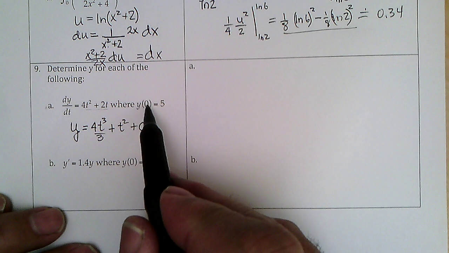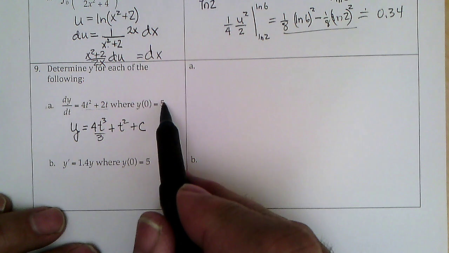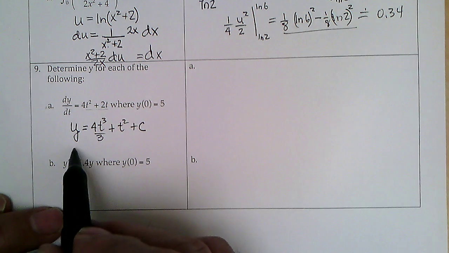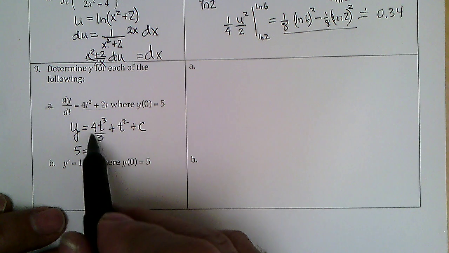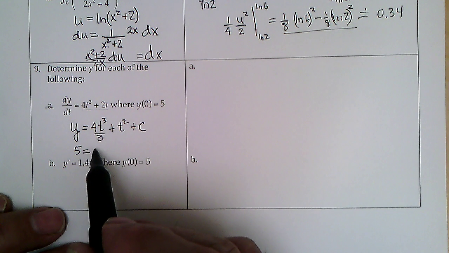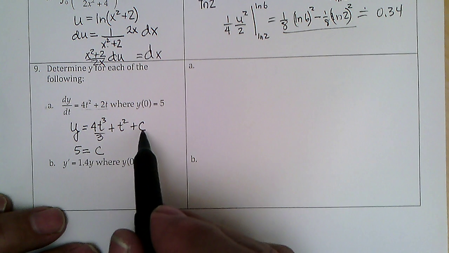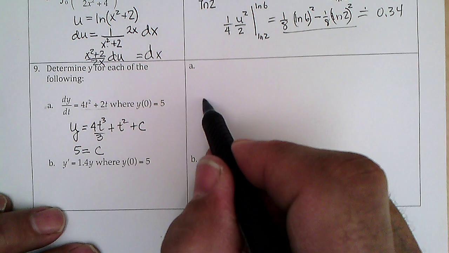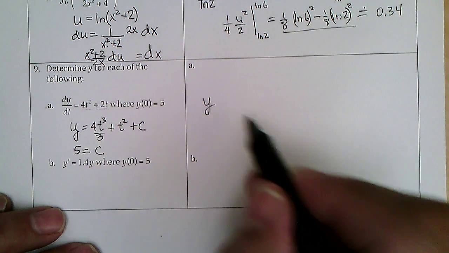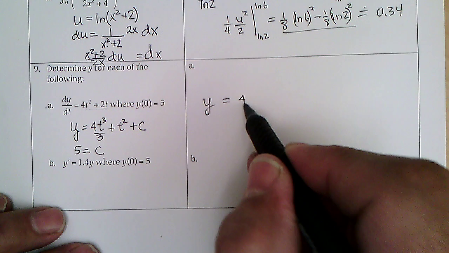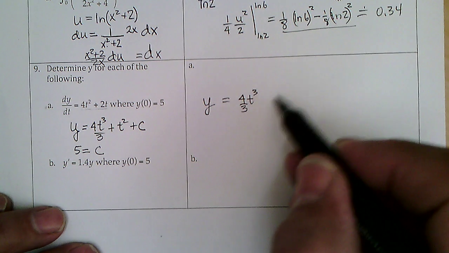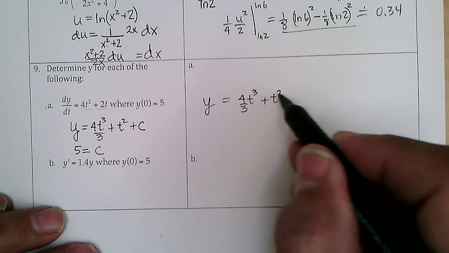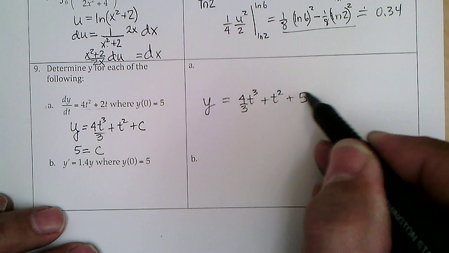And this says if t was 0, we're supposed to get 5. Supposed to get 5 if we put in 0. So that would be 0, that would be 0. So c would be 5. And so I can write the final equation. So they said determine y. It'd be 4t cubed over 3 plus t squared plus 5.